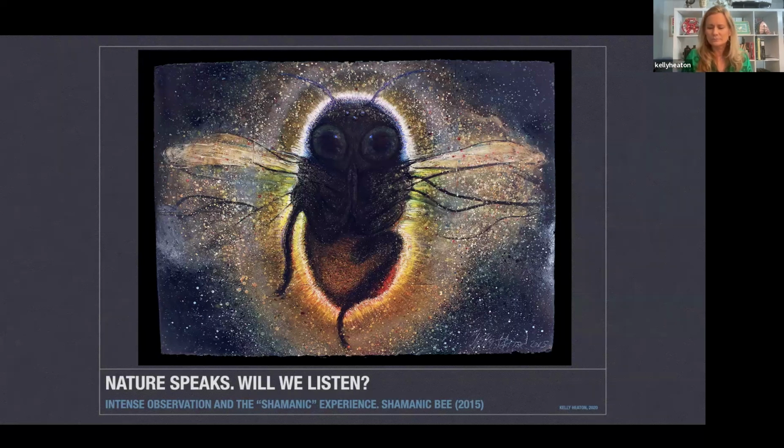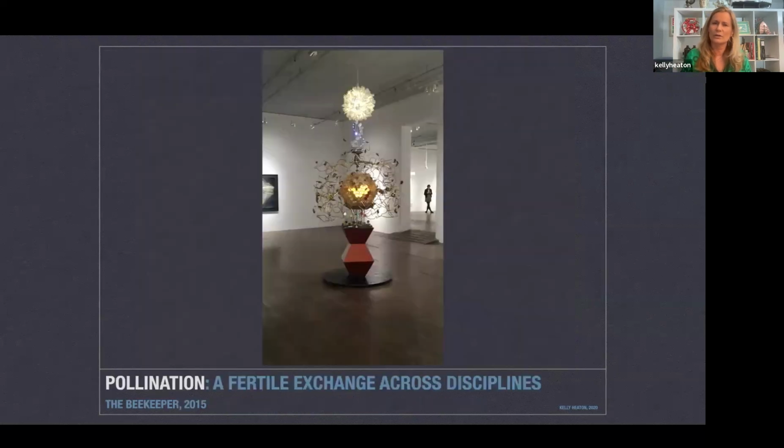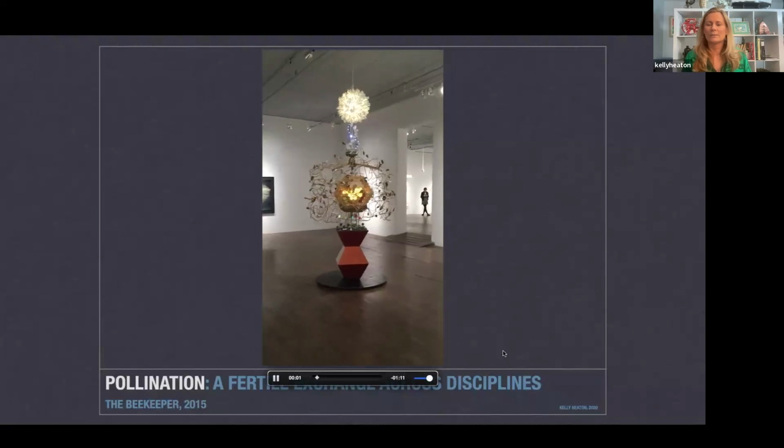I had a vision about this bee that came to me in a shamanic drumming session, and the bee implored me to really listen to what was happening with nature, and that led to a body of work called Pollination.